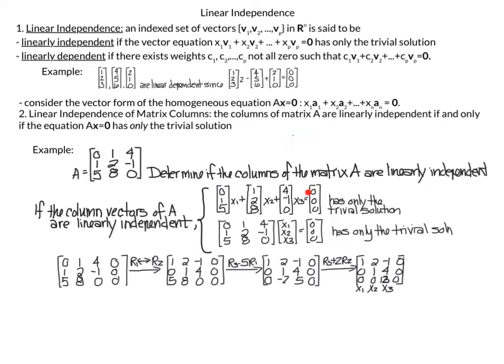Both of these systems have equivalent solutions as this matrix, using this augmented matrix. So we're going to use 0, 1, 5, 1, 2, 8, 4, negative 1, 0, 0, 0, 0.